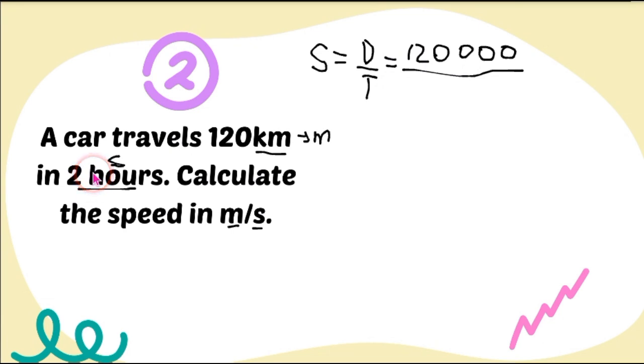You have to do this because 60 seconds make 1 minute, and 60 minutes make 1 hour. 120 minutes makes 2 hours, and converting that to seconds is 120 times 60, so 7,200 seconds gives us 2 hours.